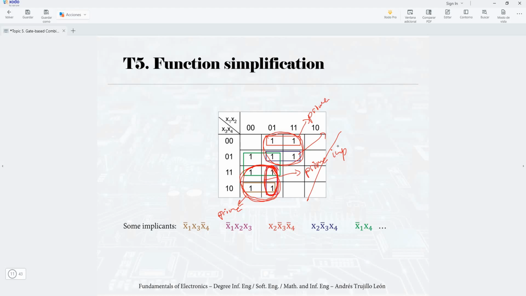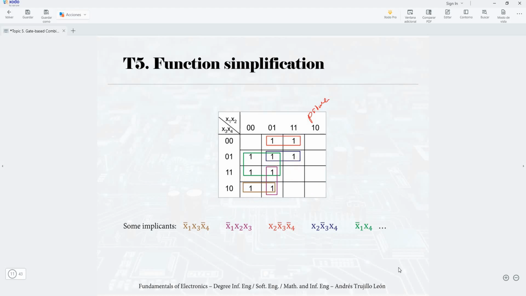So the prime implicants are the largest allowed groups of ones that we can find in the Karnaugh map. Okay, this is as well another prime implicant, for example, and this is another prime implicant. This is in the column, using just the column. Because the largest size that we can get here is 4. So those groups of 4 ones are going to be, in this example, prime implicants.